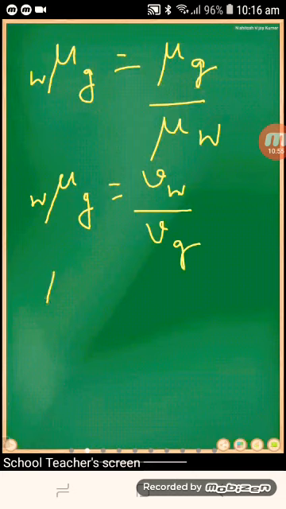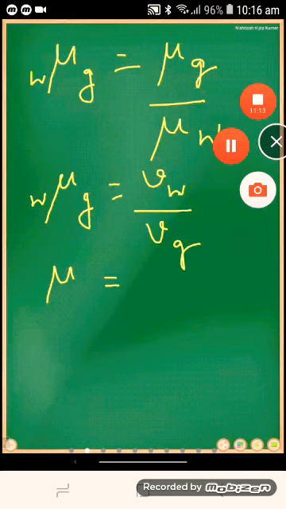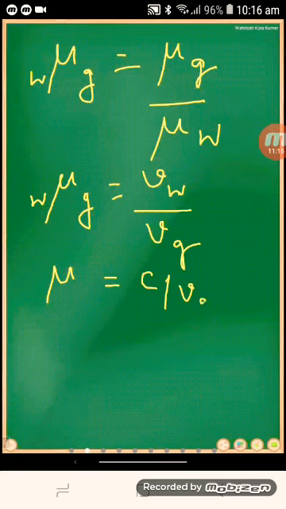Now, for example, if I consider the case of medium 1 to medium 2, the velocity of light traveling in water, it means that Vg upon Vw, that is C by Vg upon C by Vw, using the basic formula of the refractive index.